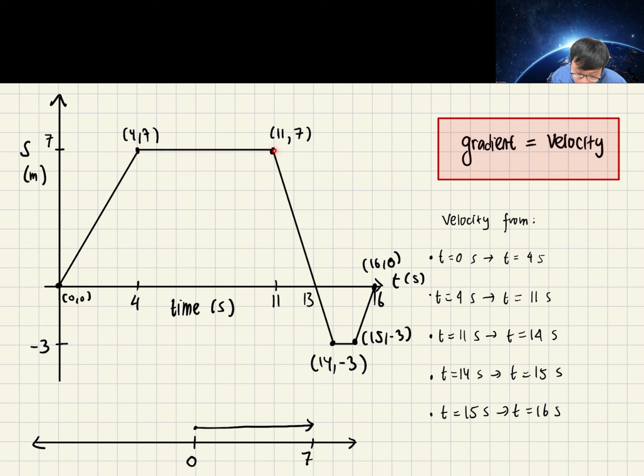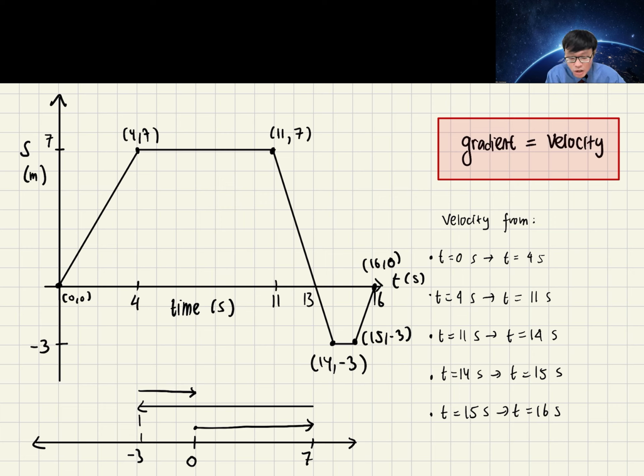But after that, it moves to the left until it reaches -3. So from 7 and moves until -3. And after that, stays there for 1 second at -3. And after that, it goes back to the origin 0. So that's how we describe the motion of our graph.